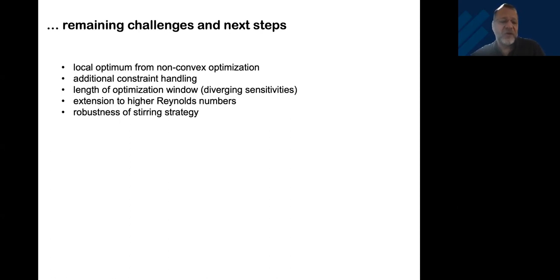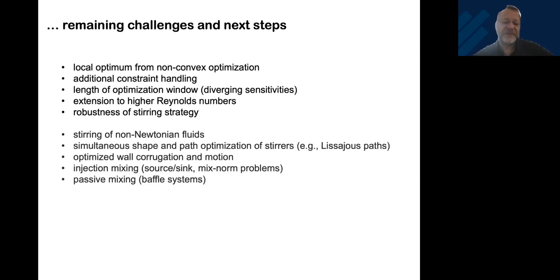But the overall strategy of using that vortex cannon, or collisions with the wall, or this jerky motion of the stirrers, was robust over a wide range of parameters. Okay, we want to go towards non-Newtonian fluids, and a simultaneous shape and path optimization. We've done that by now, and the results are very preliminary, but look very, very good.